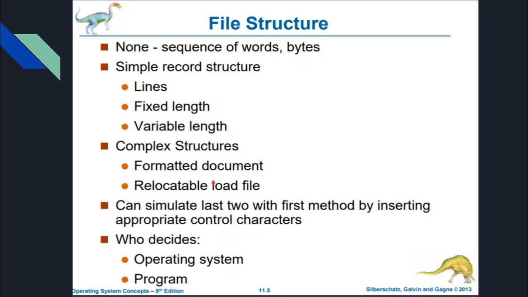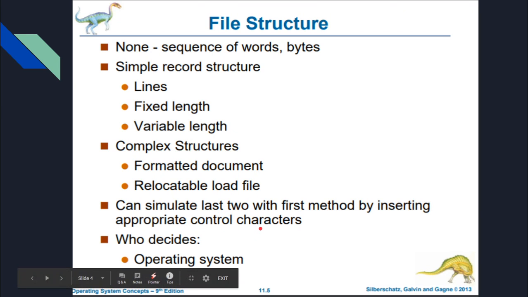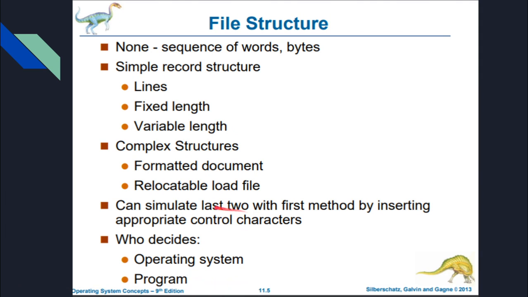It can also simulate the last two with the first method by inserting appropriate control characters, in the sense that the file can have an end of file and start of file. We can insert some control characters in order to make some complex structure for the files.